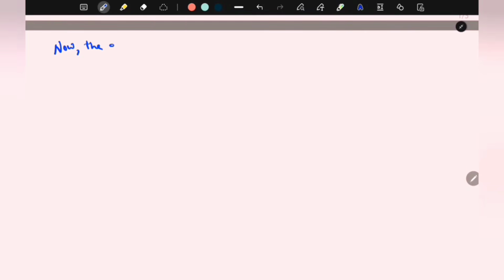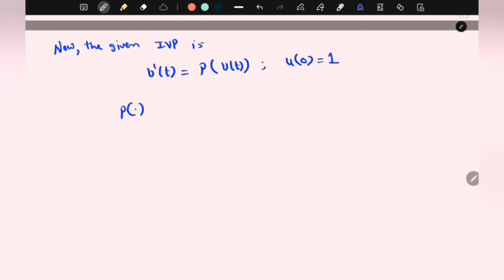Now the given initial value problem is u'(t) = p(u(t)) subject to the condition u(0) = 1, where p is a polynomial function of degree n greater than or equal to 2.